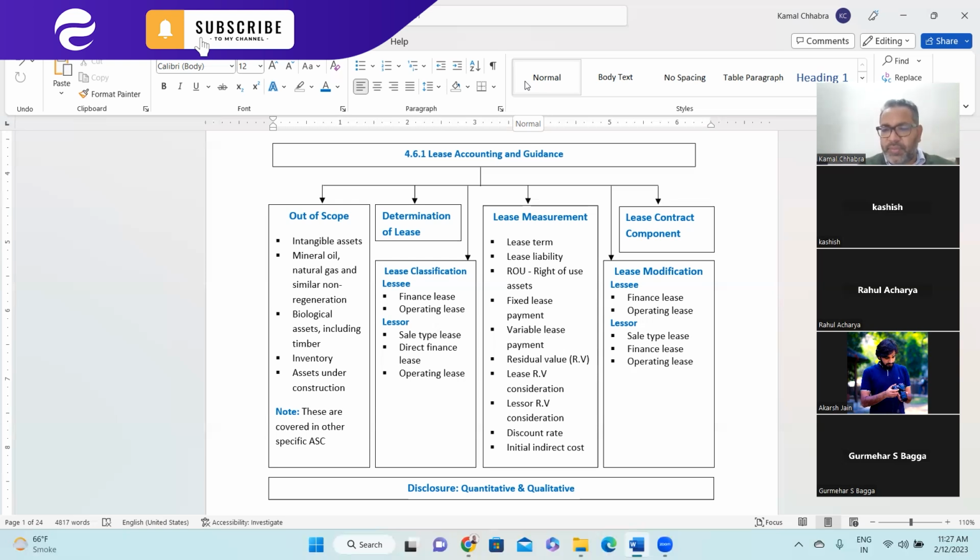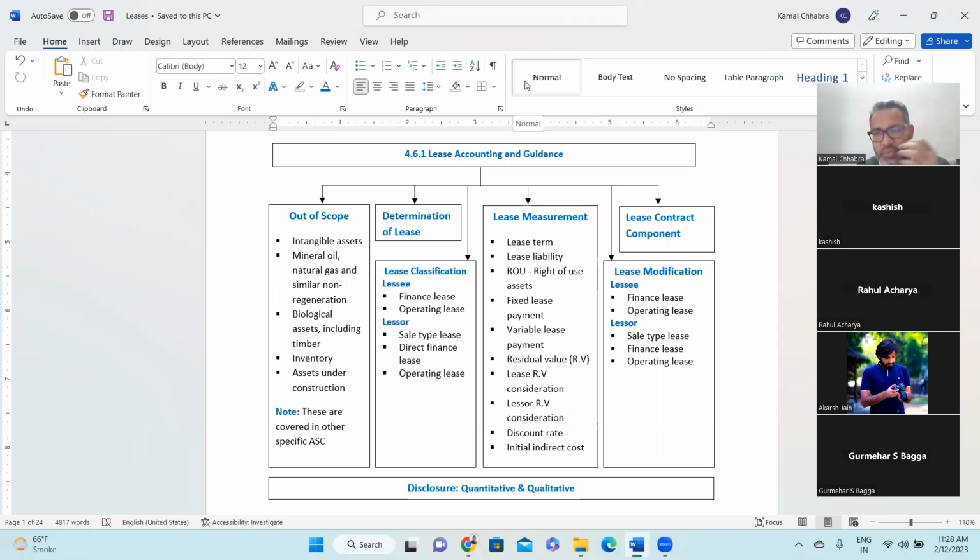By any chance, have any of you been to the US, or any idea how this leasing arrangement works over there? No, sir. But have you heard about car leasing arrangements? Heard, but no idea in detail. Phones also come on lease, sir. Yes, phones also. Gurmihar or maybe Rahul, do you have any idea?